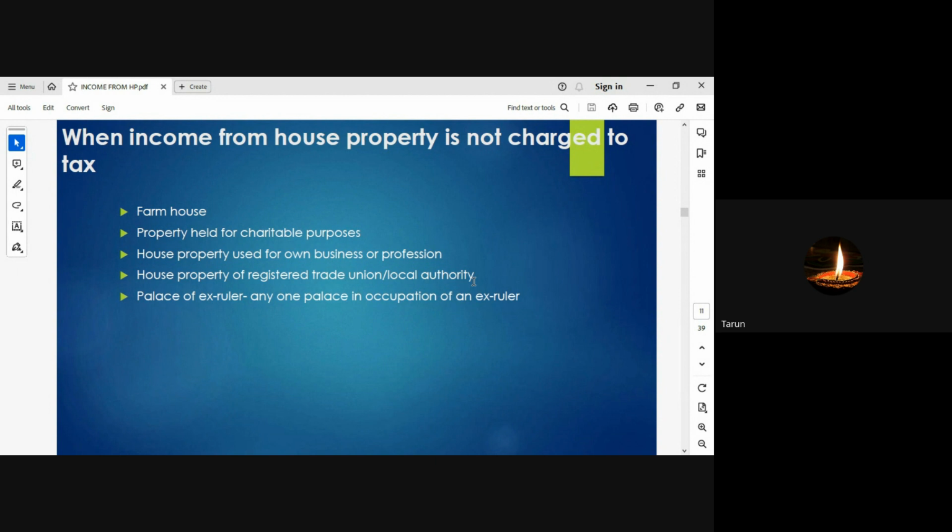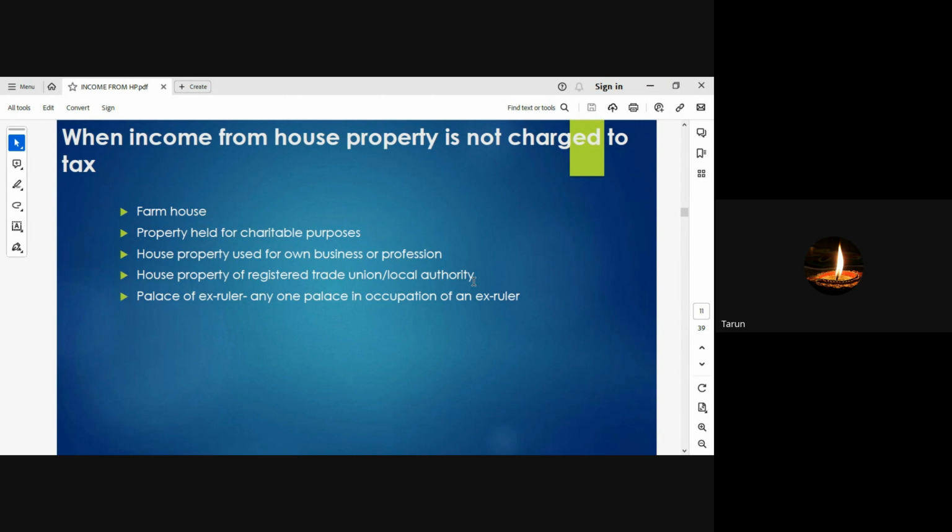If a house property is used for the owner's own business or profession, which I've already explained in the previous slides, it is not chargeable to tax.